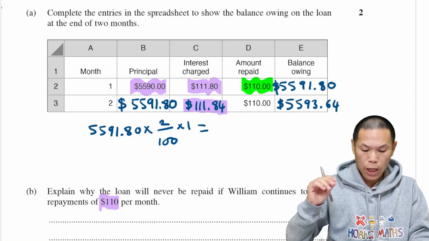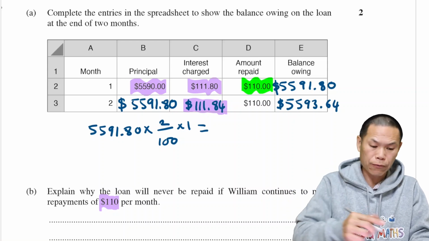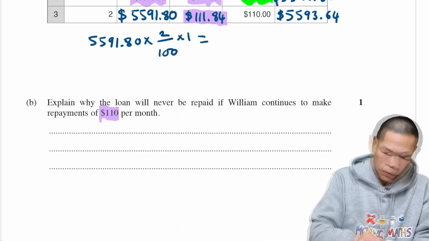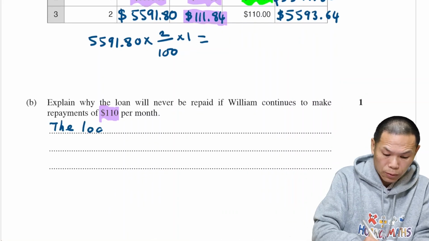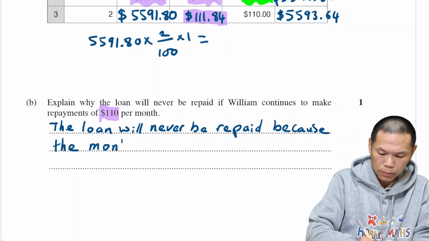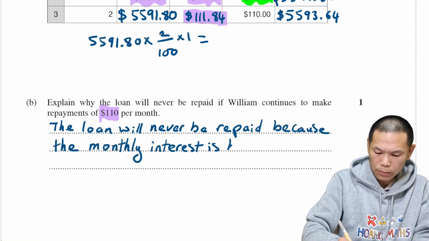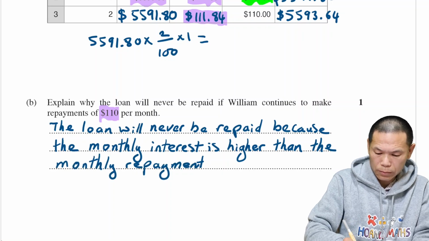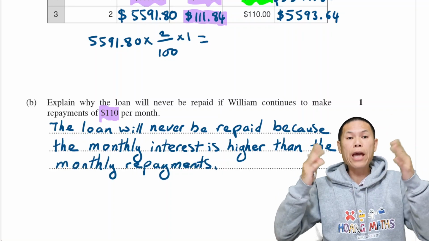So therefore he will never be able to pay it off. Okay. So let me write this down. So the loan, there you go.